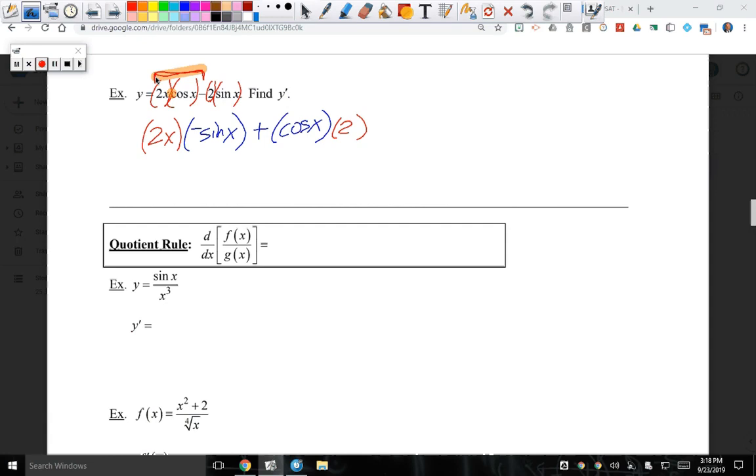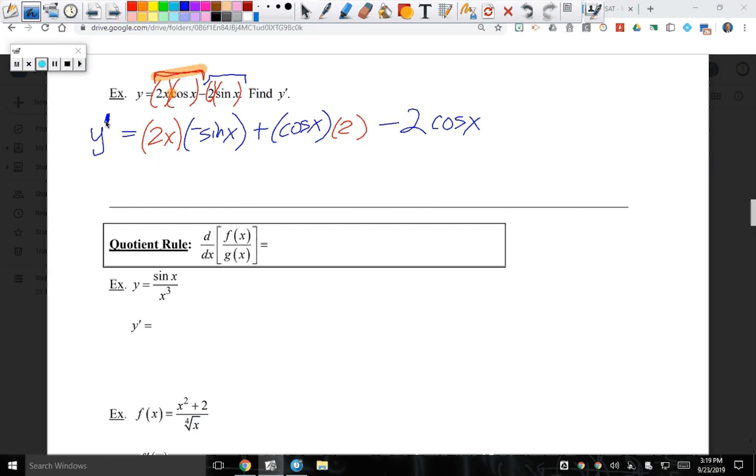We still have to do this piece here. And yes, I can pull out a 2, constant multiple rule-wise, and just say, what's the derivative of sine? Cosine. And if I throw that negative 2 back in, it would be negative 2 times what I got as far as the derivative of sine. So this right now is my y prime.